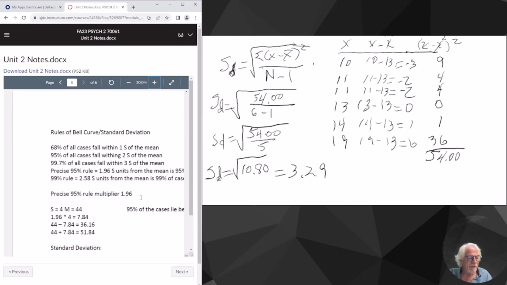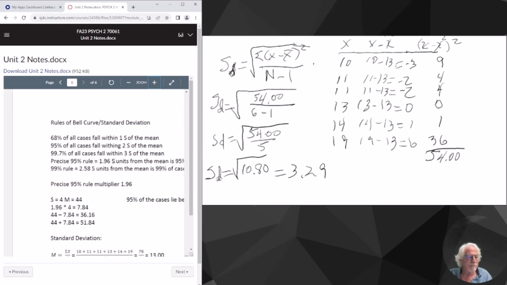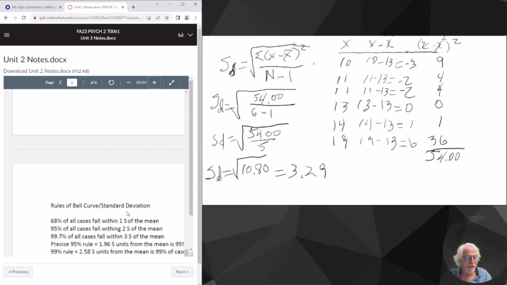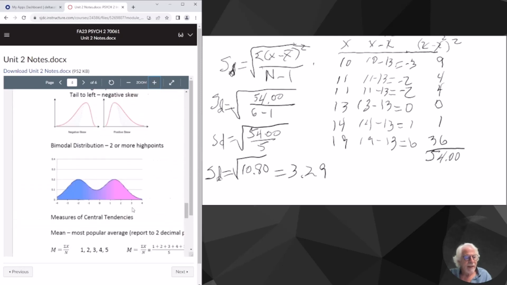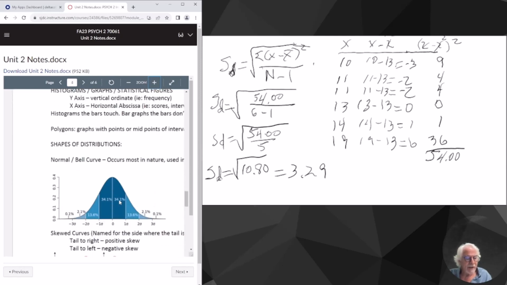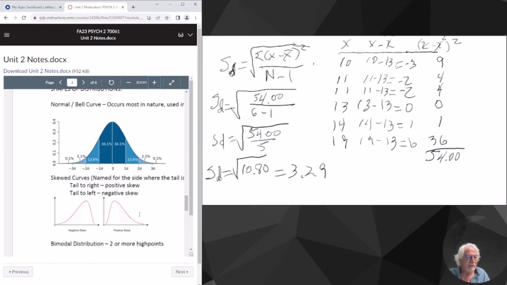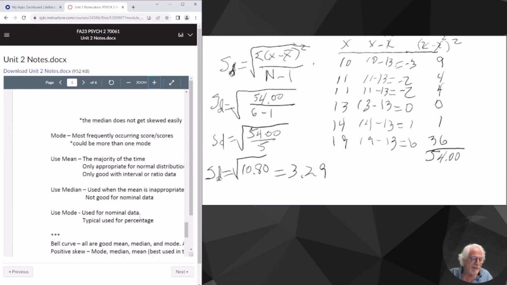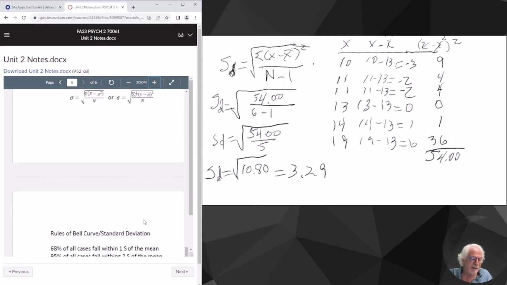So then I referred to what I also called the precise 95% rule. Really what it means is it's not quite two standard deviations, it's 1.96, which would be right along here somewhere and cut out a few people. It's the precise 95% rule.